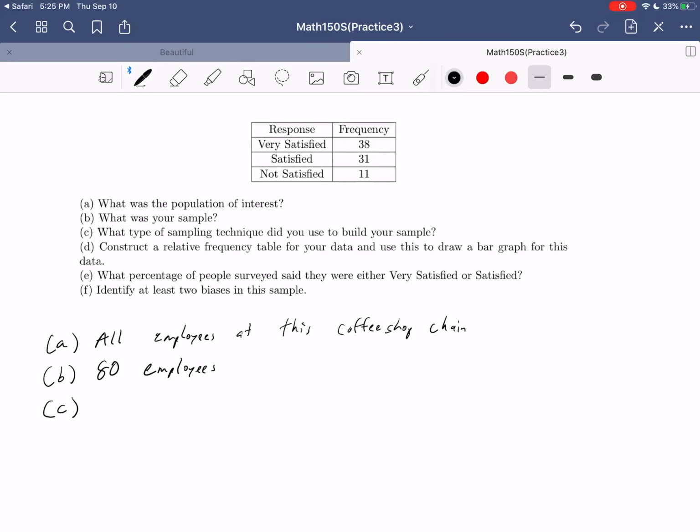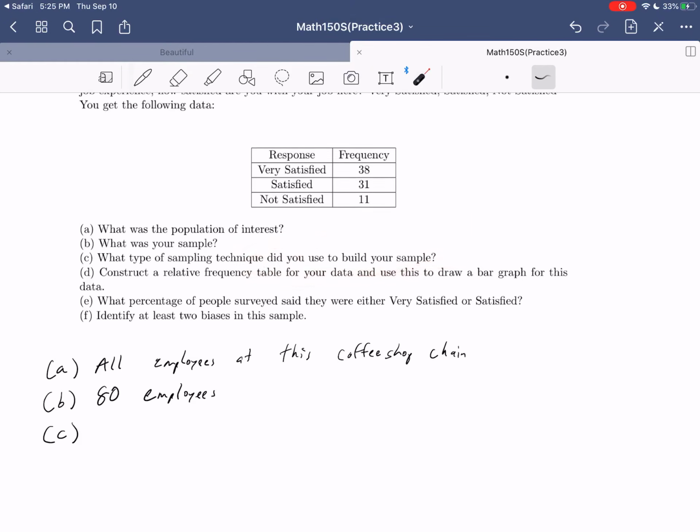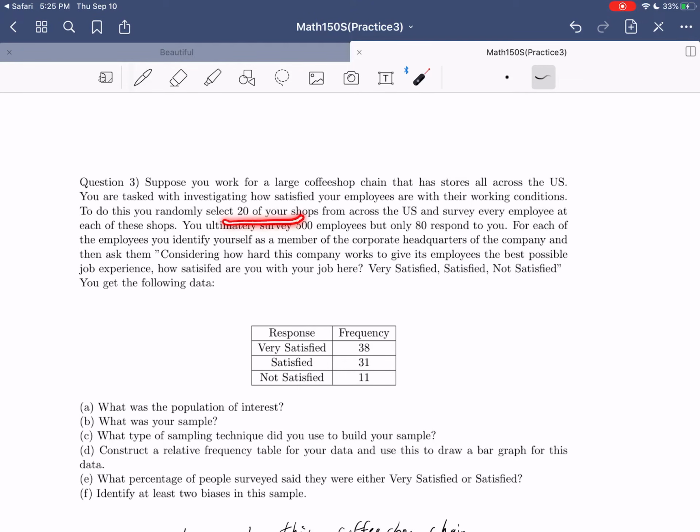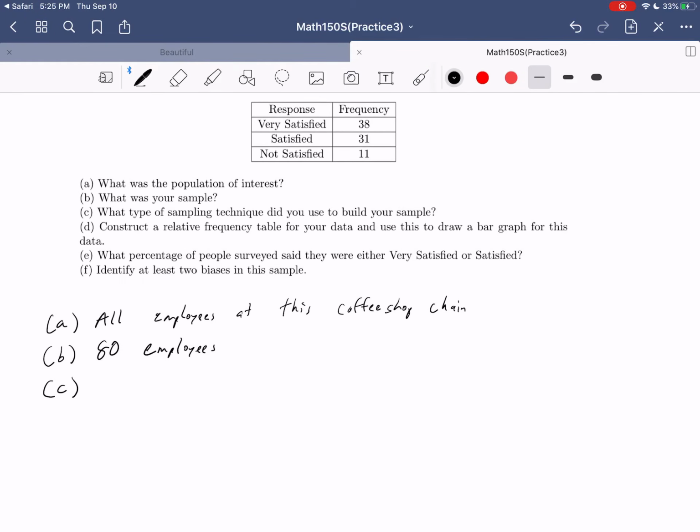What sampling technique was used to build our sample? Well, remember, we weren't randomly selecting individual employees. We selected 20 shops and tried to talk to everybody at those 20 shops. So this would be an example of a cluster sample. Why is it cluster? Well, the number of selections we made in this case was only 20.